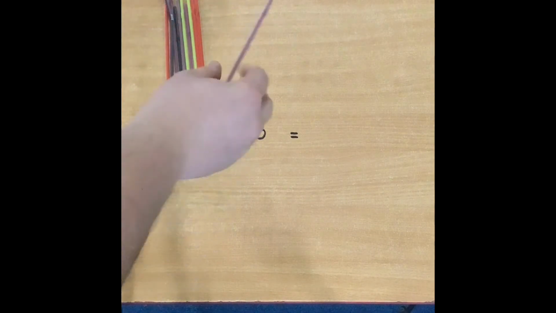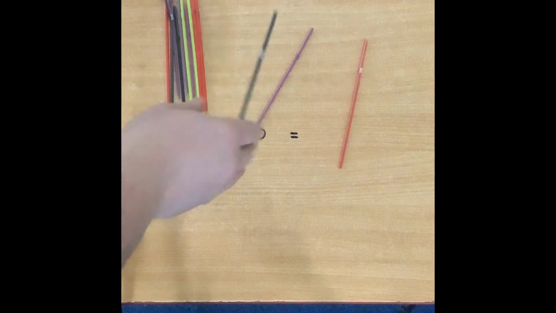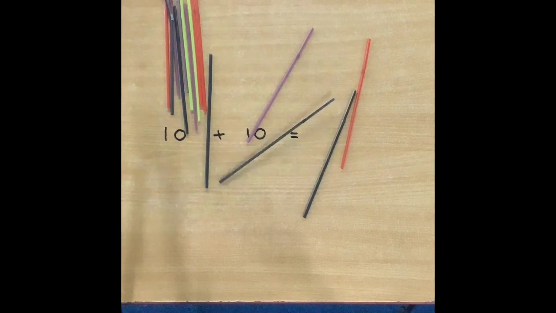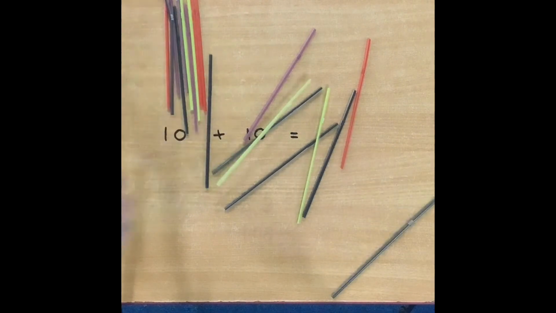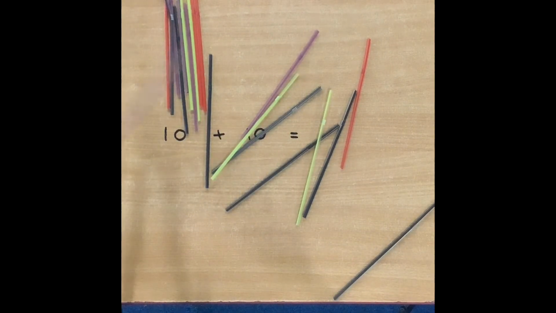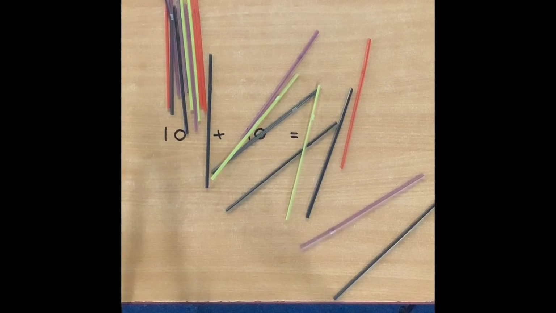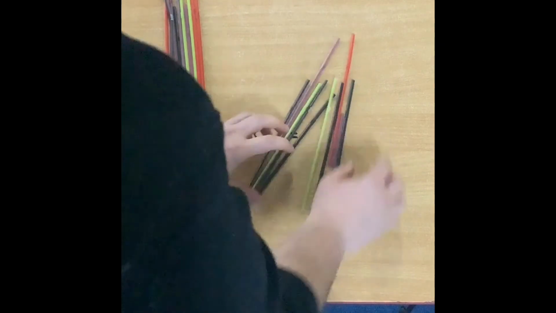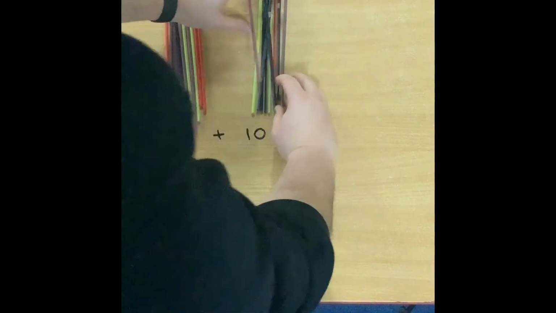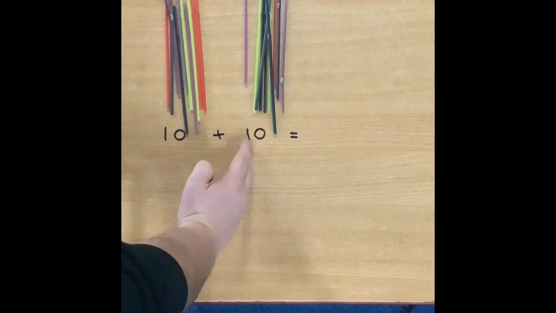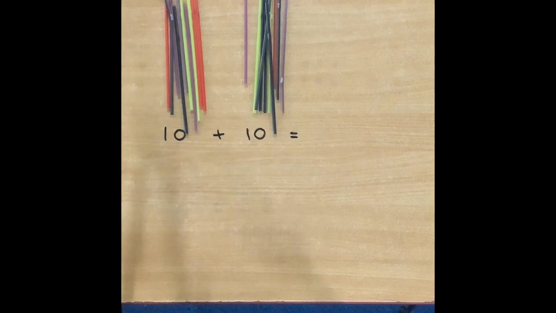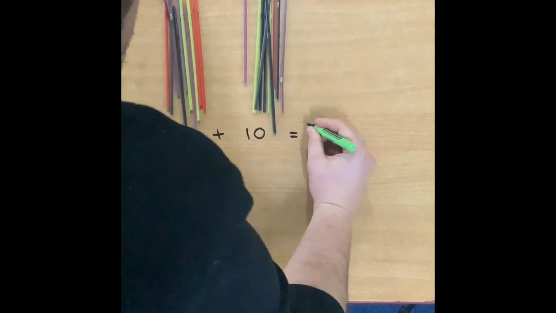So 11, 12, 13, 14, 15, 16, 17, 18, 19, 20. We have 20 straws altogether. But we don't want to count in ones, do we? So we're going to count in our bunches. So we have 10 straws and 10 straws equals 20 straws.